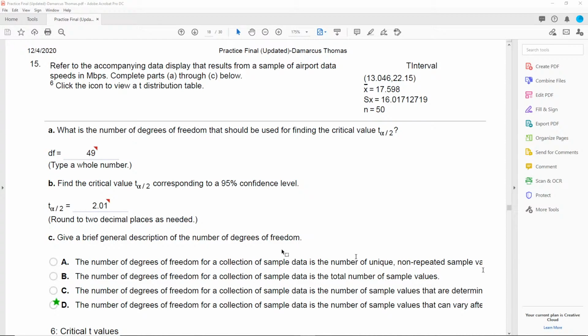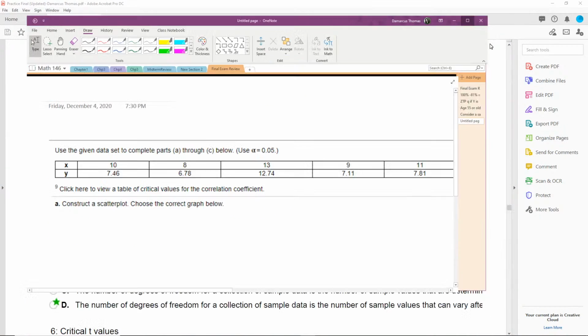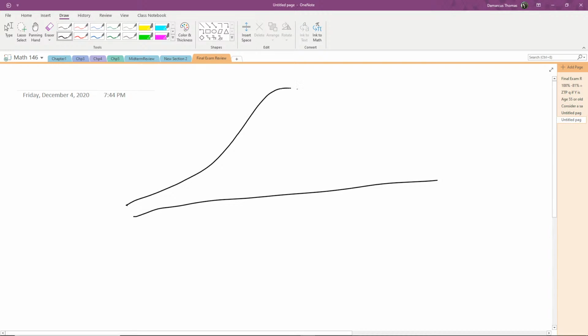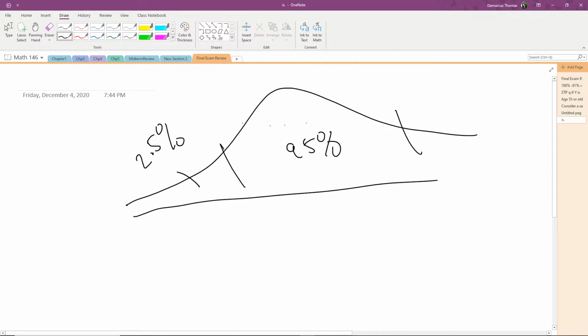Let's look at this pictorially for a second. Innermost 95%, which basically means we have 2.5 here, and we have 2.5 here. Just work with me for a second. We need to find this value, and we're dealing with a t distribution, which is not even normal.